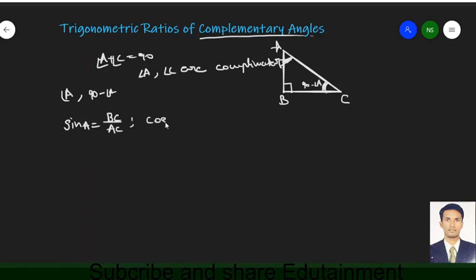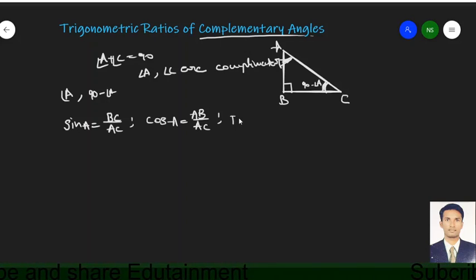Cos A is the side adjacent to angle A, which is AB, divided by hypotenuse AC. Tan A is the side opposite to angle A by adjacent to angle A, so we get BC by AB.